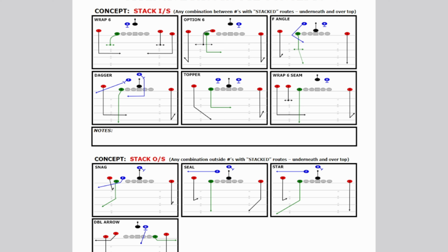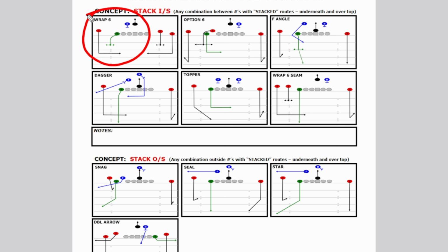This is talking about inside stack, okay, or stack inside. These are routes that basically form a high-low, I would say, right? And they are coming from the same side of the field, all right? So something like this play right here we called wrap, okay, wrap 6.